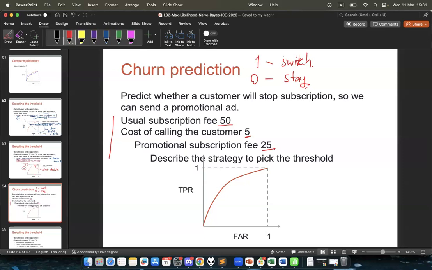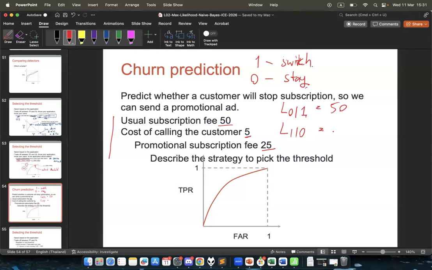So how do we do this? To start, we need to think about the cost of errors. What is the cost when the customer is switching, but my model says he's staying? 50, because I'm losing his subscription. What about the other way around?